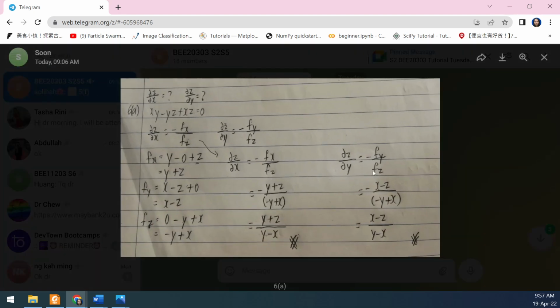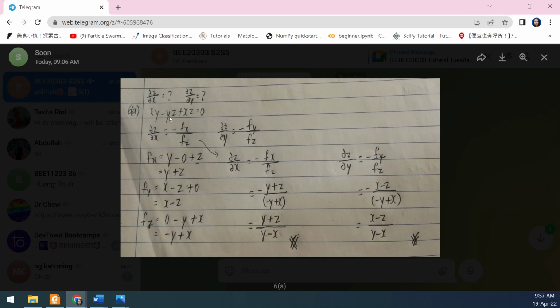Okay. Question 6A is using implicit differentiation. So you have xy minus yz plus xz, which is defined implicitly. Okay, and you can use the implicit differentiation formula where del z del x equals negative fx over fz.